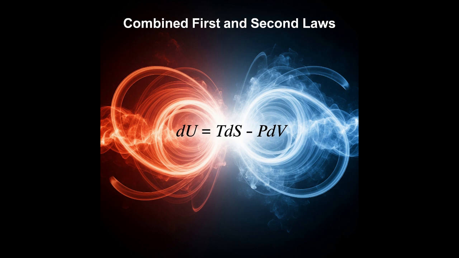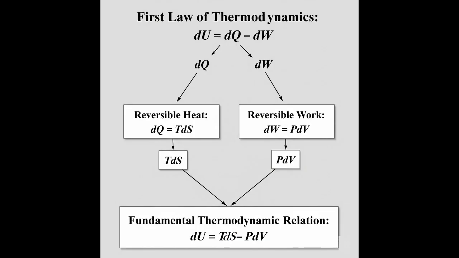Recall the first law for a closed system: dU equals dq minus dw. For a reversible process, we know that dq_rev equals TdS from the definition of entropy, and dw_rev equals PdV for pressure-volume work. Substituting these into the first law, we get the fundamental thermodynamic relation for a reversible process, which is dU equals TdS minus PdV.